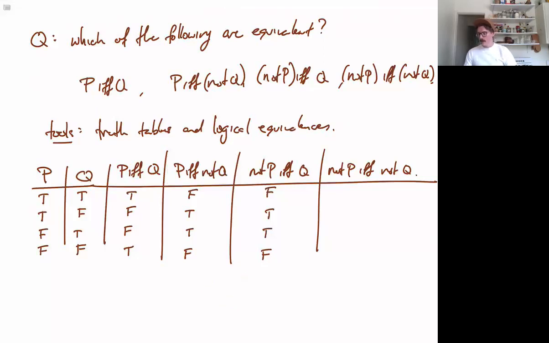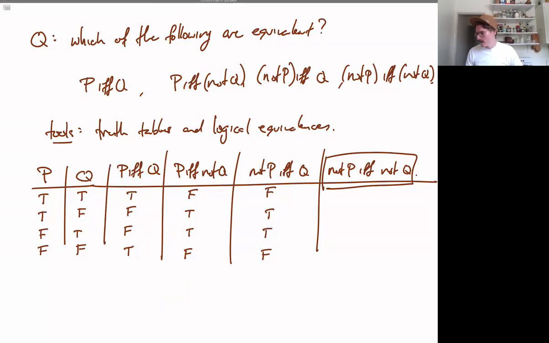And we can also see already that these two guys are the negation of this guy, because you can see that each of the truth values is opposite in these two columns. So this is negation. And finally this, if you go through it, maybe I won't talk through it, but it should be equivalent to this guy.